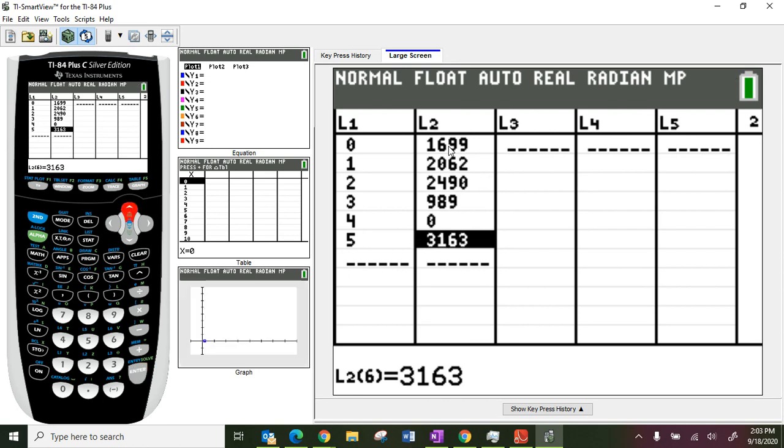So we have 2062, 2429, 90, and this one here is 2. Okay, so this is the data. So in 1989, there were 1,699 bombings. In 1990, there were 2,062, and so on.